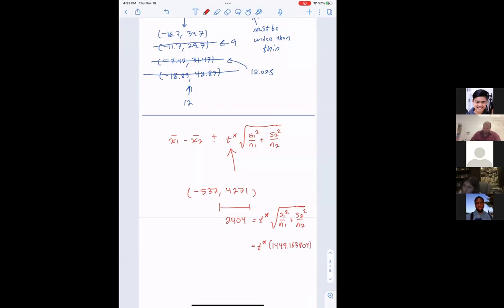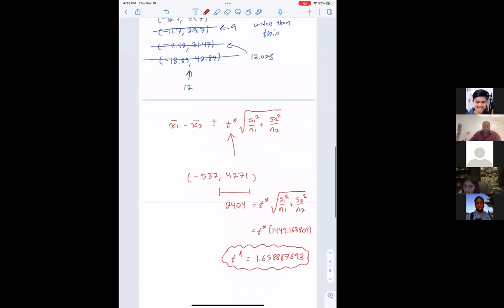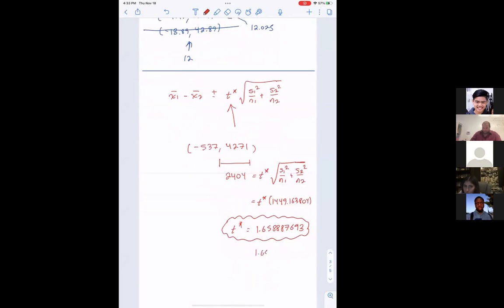1449.163804. So if I divide both sides by that number, I get 2404 divided by that. It gives me T star equals 1.658887693. That's what I get from my calculator. And what they want is 1.65887.